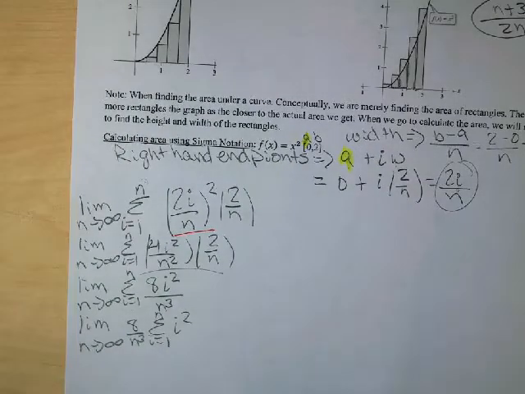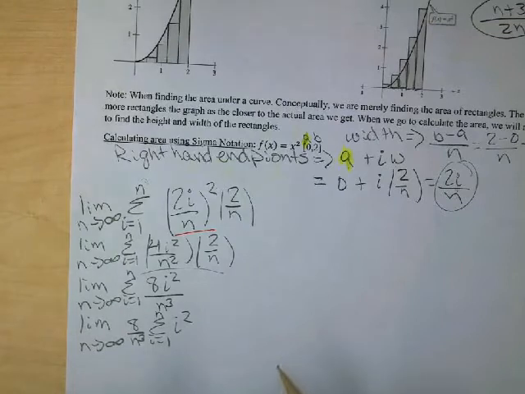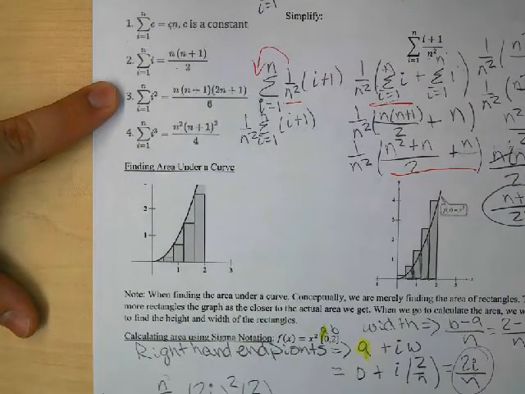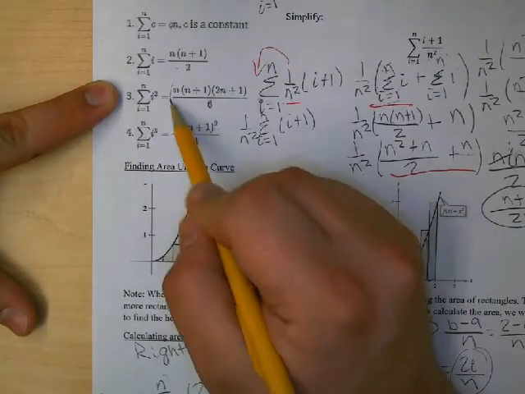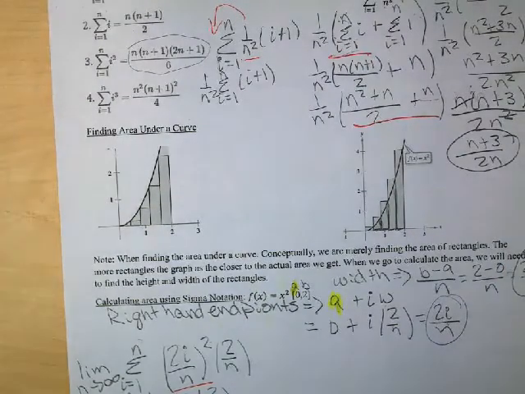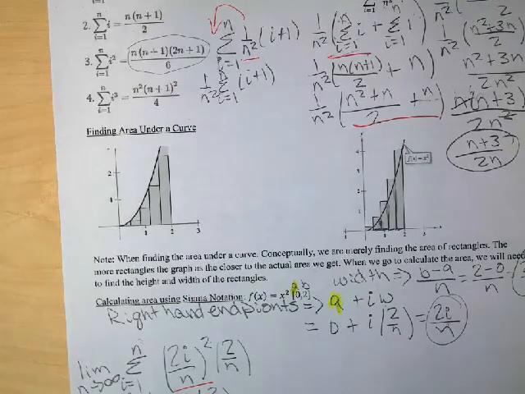Now I have it in terms of something that I can substitute in, using the formulas up here. So the sum of I squared is this big long monster right up here. We can do it. Don't be scared by it. I'm going to show you a trick of algebra that's going to make your life so much easier.